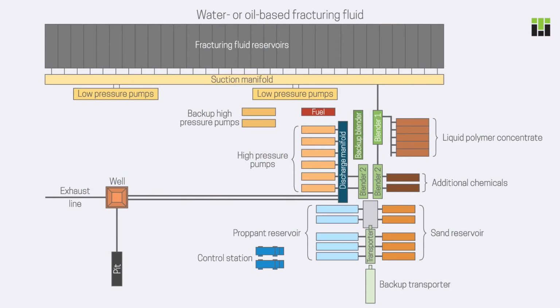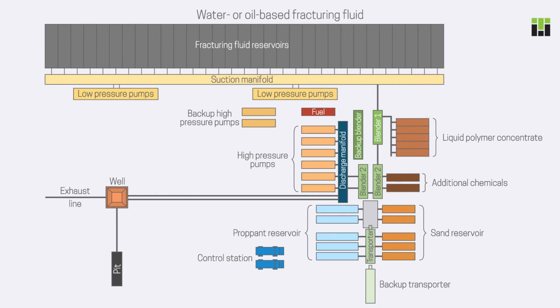For better understanding of the whole hydraulic fracturing operation, let us turn to another schematic that shows detailed arrangement of fracturing equipment in plan view. Fracturing fluid, which is oil or water-based, is kept in a special reservoir connected with a pipeline system. Low-pressure pumps pump technical fluid into blender 1, where it is blended with polymer concentrate until a uniform polymer solution is created.